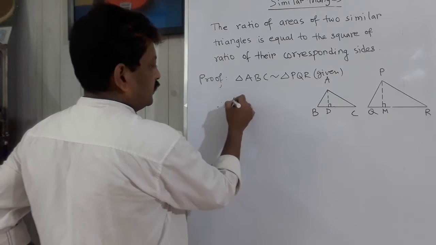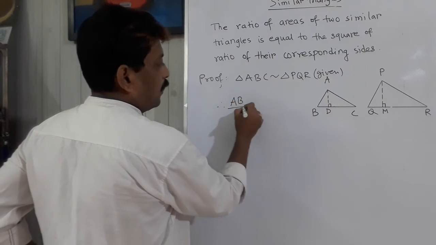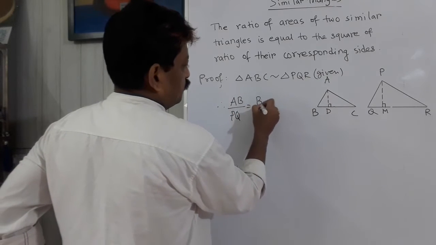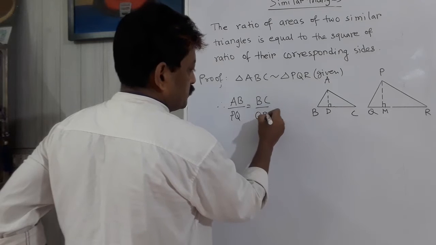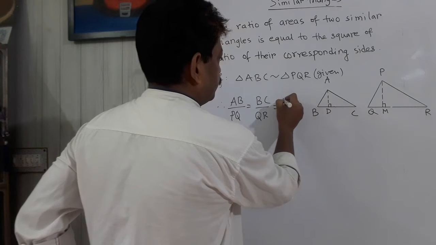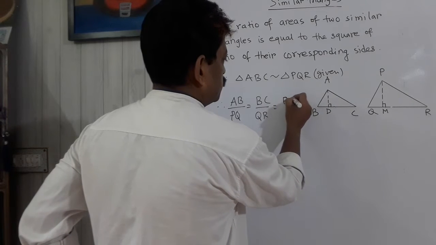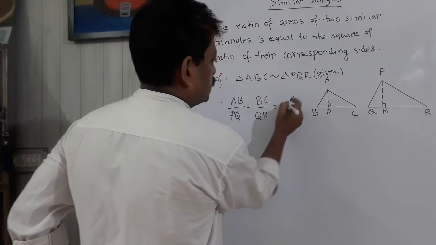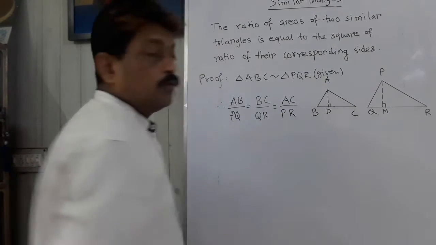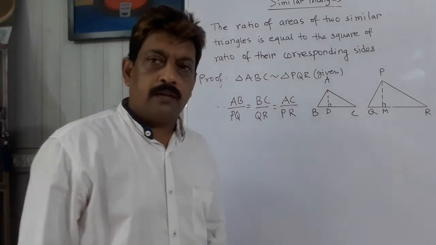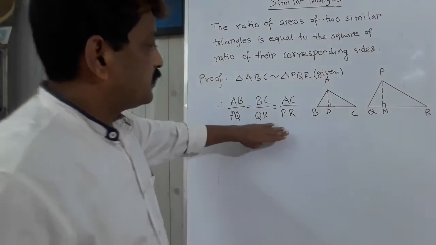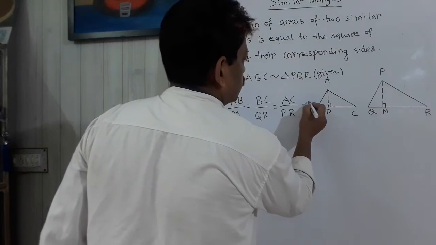Therefore, we can write AB upon PQ is equal to BC upon QR, BC upon QR equals to AC upon PR. We all know that if two triangles are similar, then their corresponding sides are proportional. So that's why this relation is there. So make this as equation number 1.